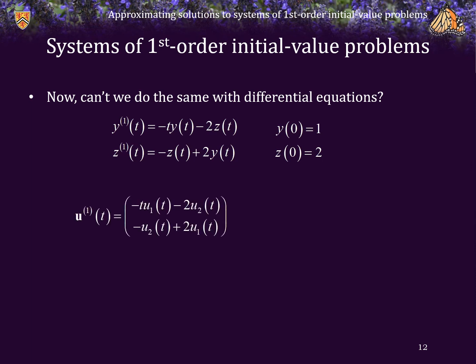Once again, we can write down the derivative of a two-dimensional vector valued function as we see here, and again, this right-hand side is a vector valued function that depends both on t and on the vector u, which are the two entries u1 and u2. And in this case, the initial value is this vector valued function at time t equals 0 is the vector 1, 2.